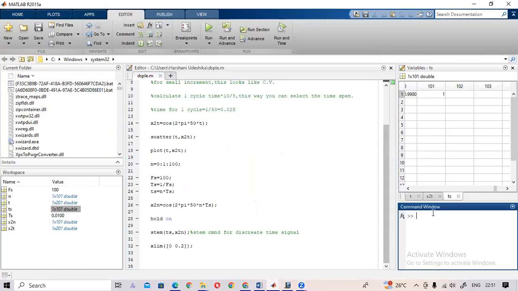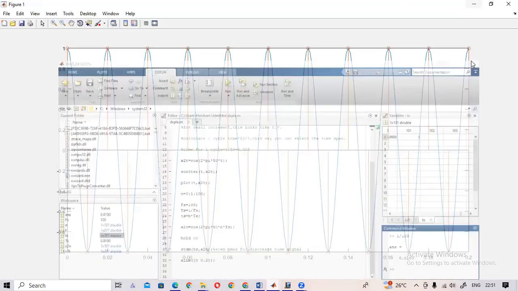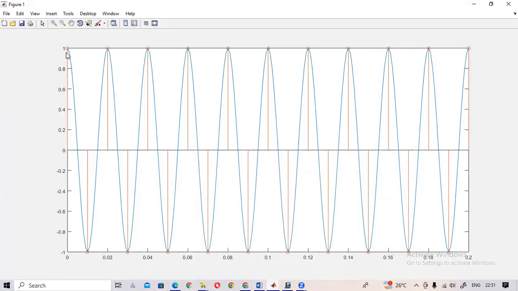That means what is the sampling time? 1/100. That is 0.01. So this is the first sample.